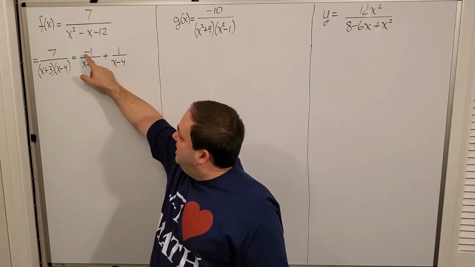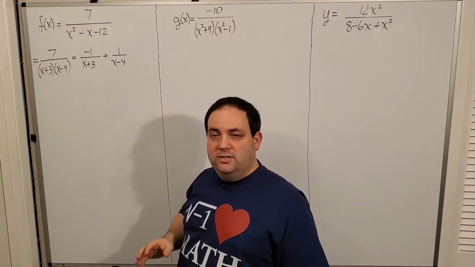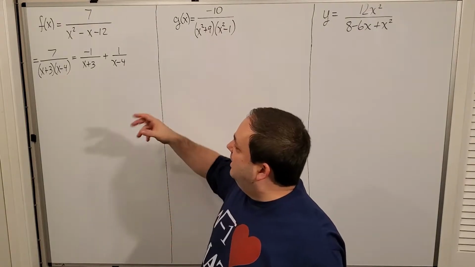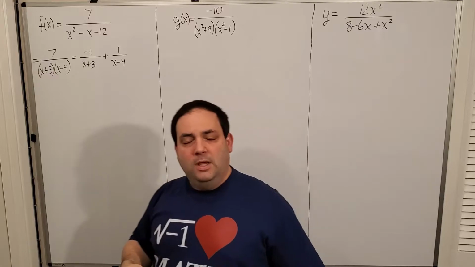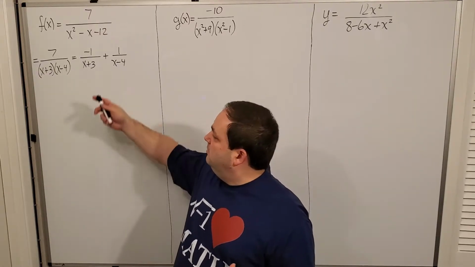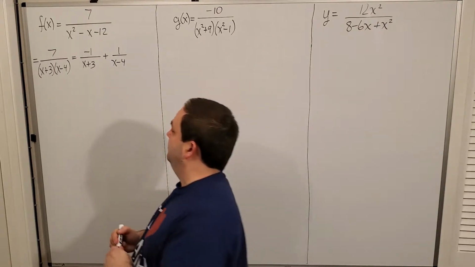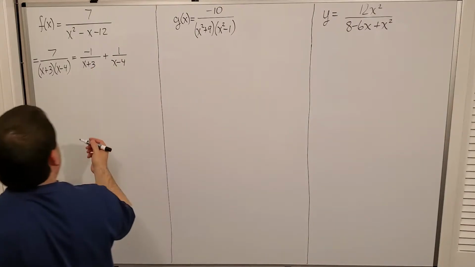Now notice once I'm here, I have two very simple, straightforward rational functions that I just need to manipulate a little bit in order to get them to the point where they can merge here. Okay? So what I'm going to do is use the center of 0, right? So that I don't have to do a lot of manipulation, and you can see how these two come together. I'm going to take these two and just rearrange them.